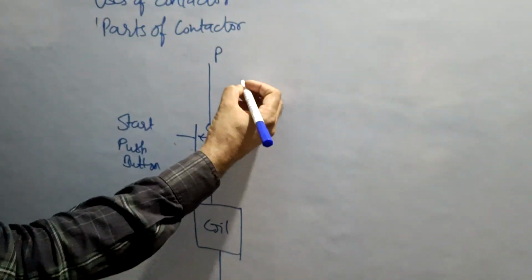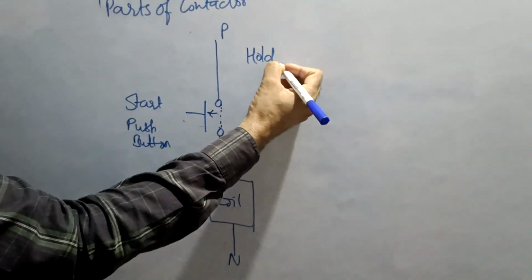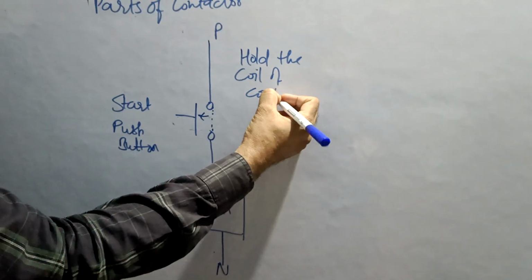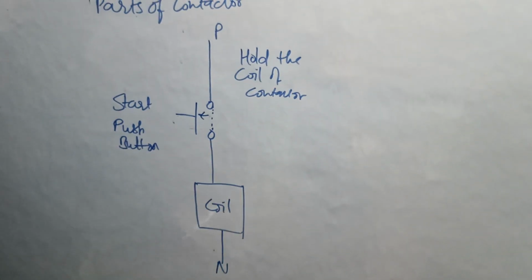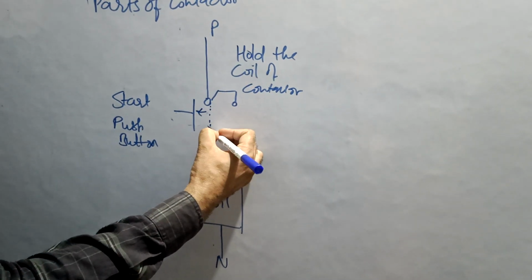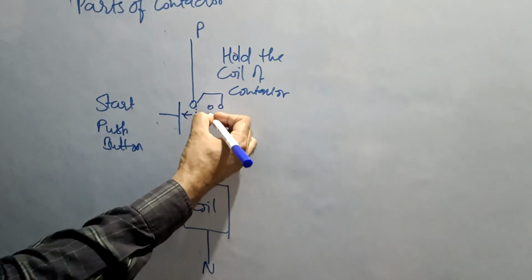We need to hold the coil of contactor. What do we need to do? We just need to put the auxiliary contact of contactor in parallel.